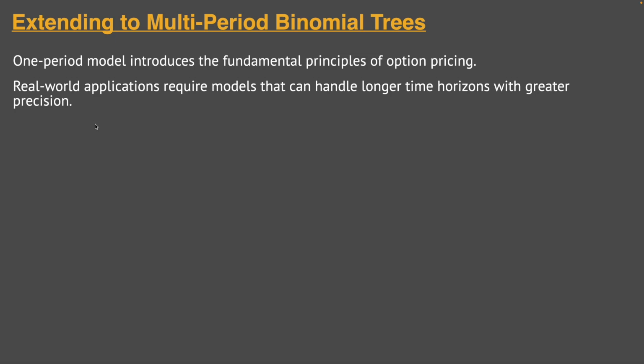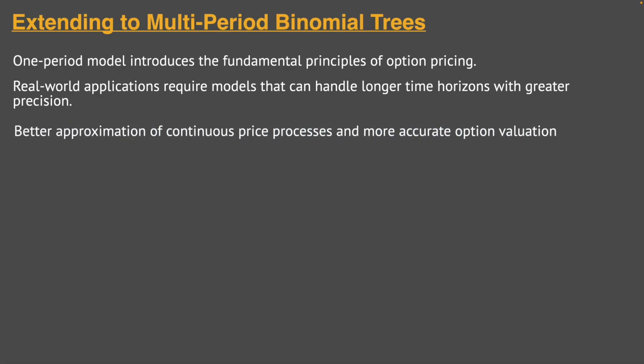So in order to handle the options for longer time horizons, we need multi-period binomial trees. See, a multi-period binomial tree is a better approximation of the continuous price process, which we will discuss in our next video. That is, the Black-Scholes model is the continuous price process, and it will generally give you an accurate option valuation.